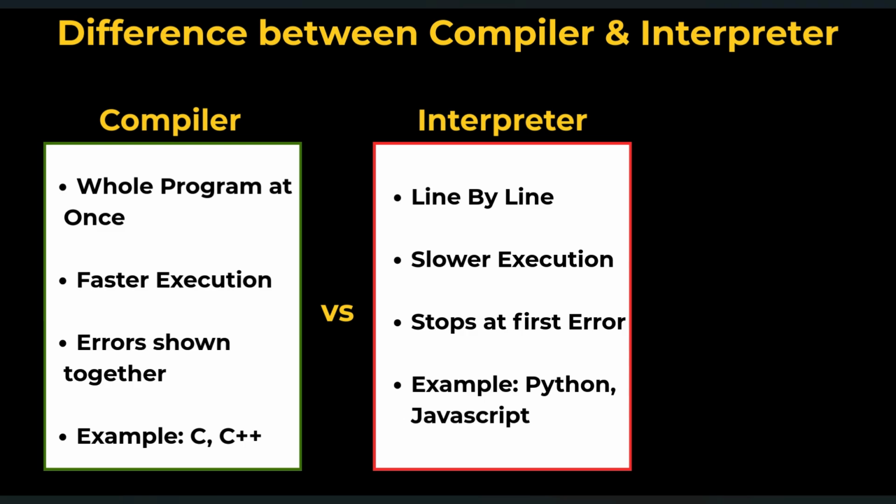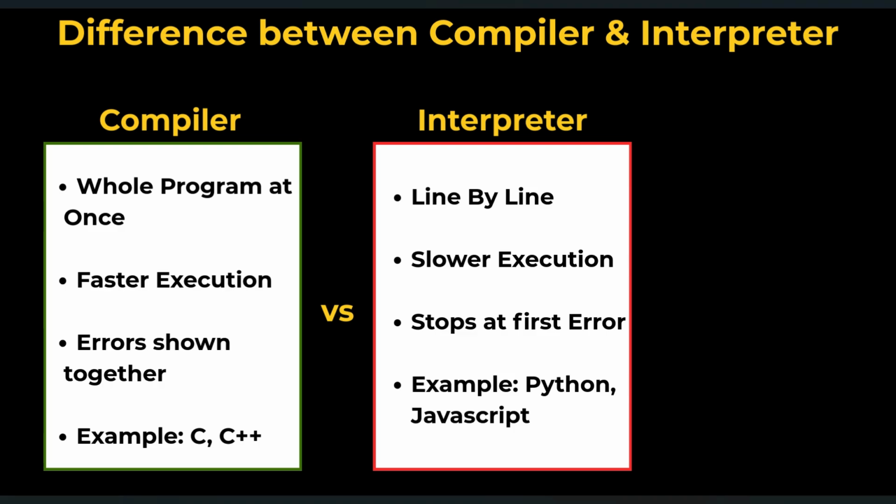So, the first question is about compiler and interpreter. A compiler translates the entire source code into machine code before execution, while an interpreter executes the code line by line. Compiled programs run faster because the translation happens only once.